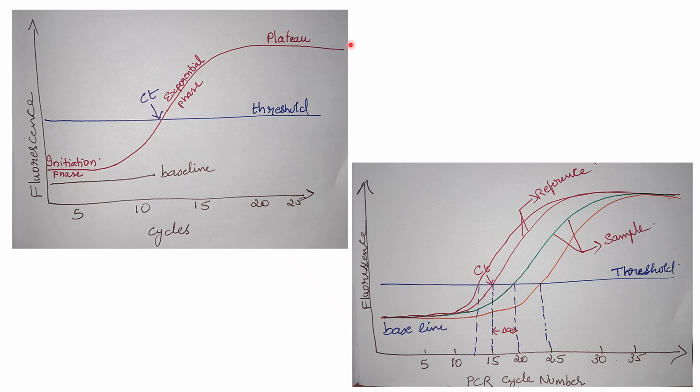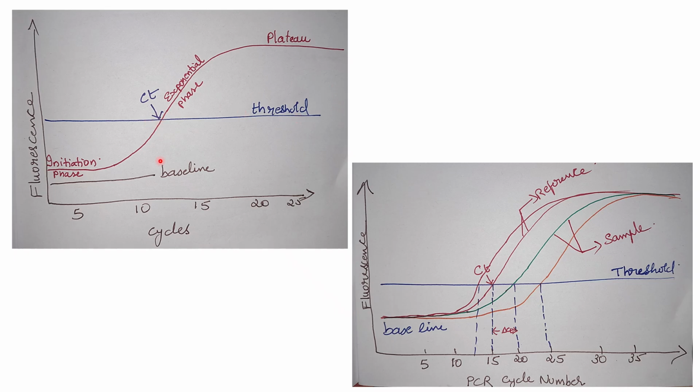Now what is this CT value? The CT value is the value at which this amplification curve intersects with the threshold line. See here, it is the PCR cycle at which this amplification curve intersects with the threshold line.